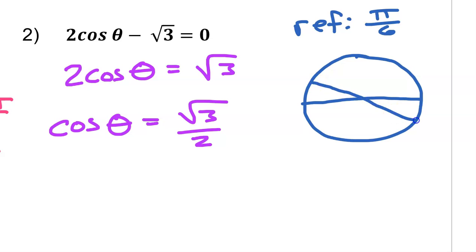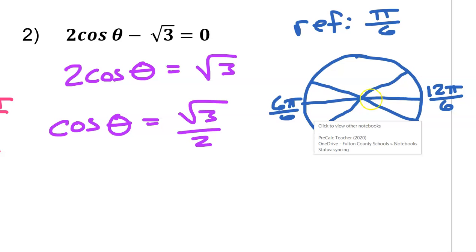Okay, so there is a reference angle in every quadrant. Over here on the left, we can think of pi as being 6 pi over 6. And over here on the right, we can think of 2 pi as being 12 pi over 6.